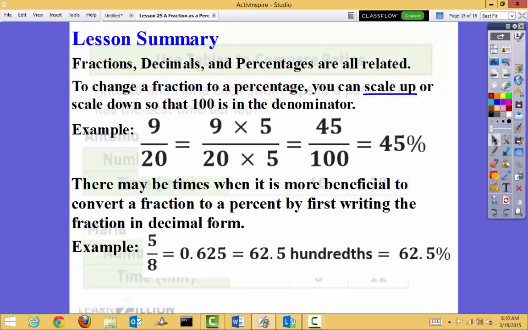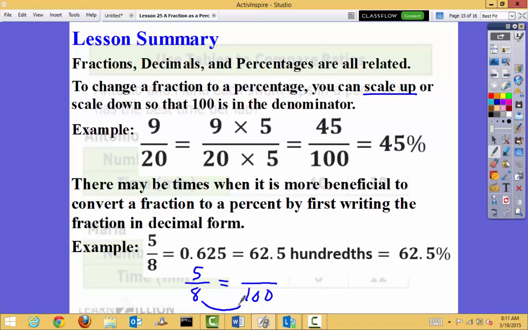Alright, let's look at the second part of our lesson summary. There may be times when it's more beneficial or easier to convert a fraction to a percent by first writing the fraction in decimal form. So here, I'm going to get it to a percent. I just do 5 divided by 8. Why do you think this might be easier? Well, it might be easier because this is going to be difficult. 5 over 8, what is an equivalent fraction with 100 denominator?